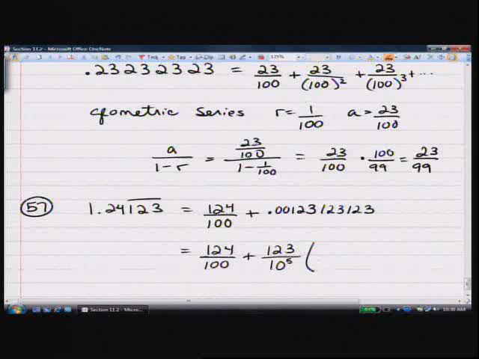Actually you want your R to be 1 over 10 to the 3rd.